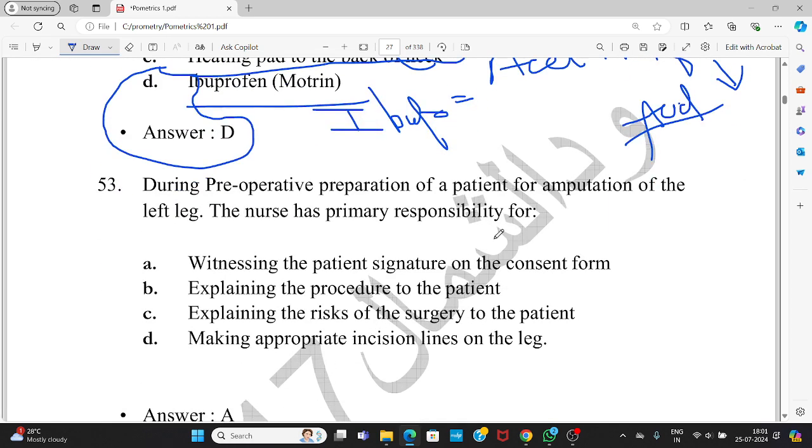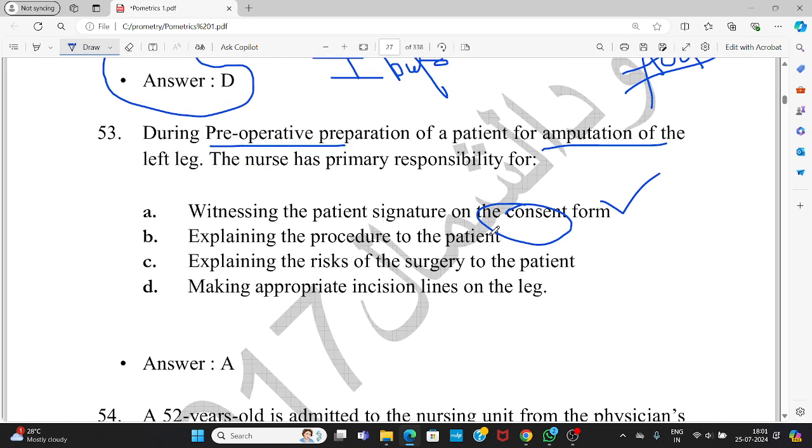During preoperative preparation of a patient for amputation of the left leg, the nurse has primary responsibility for. During preoperative preparation, you are going to give pre-op preparation and the patient is having an amputation. So witnessing the patient's signature, yes, this is the consent, and it is an important responsibility.